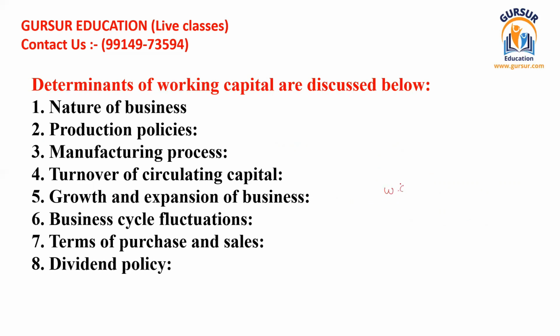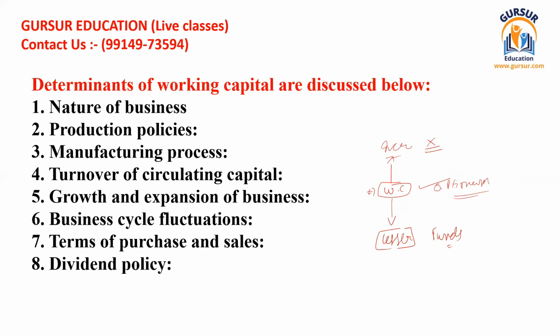Okay, so the first is the optimal level of working capital, and if your working capital is increasing from the optimal level, then you are losing the money, you are not generating any kind of wealth. And if your working capital is lesser than the required working capital, then what happens? Then maybe sometimes you don't have sufficient funds to pay your immediate liabilities. So it is always desirable to have an optimum level of working capital.